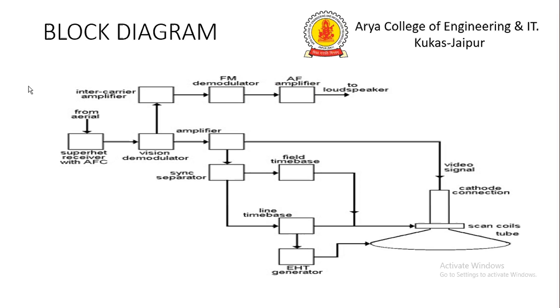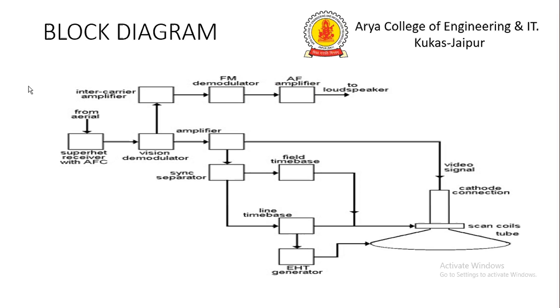So basically, in the superheterodyne receiver with AFC, the signal is passed through the vision demodulator, then the amplifier, then the synchronization separator, then the field time base, then the line time base, and then the EHT generator.